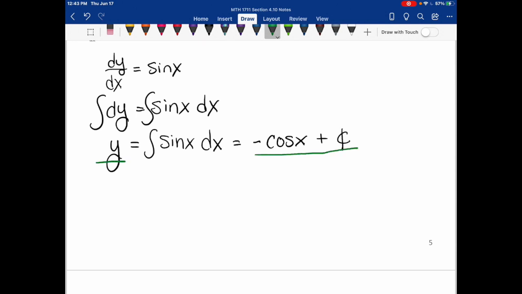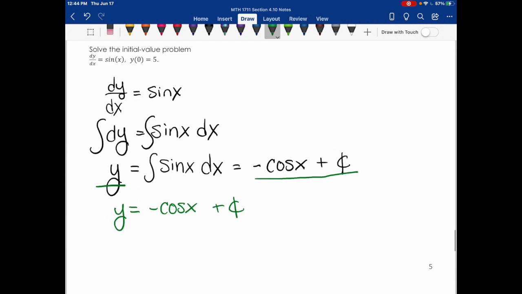So we have now as an answer that y is equal to this family of functions, negative cosine x plus some constant. That value of C could be anything. It could be 7, it could be 2, it could be -1,000,000, it could be -0.5. We don't know. So we have this whole family of functions.